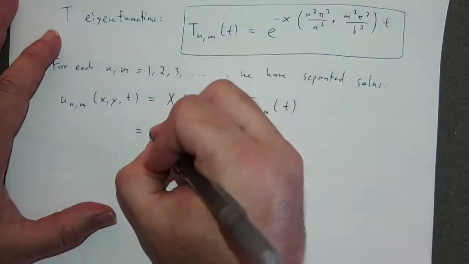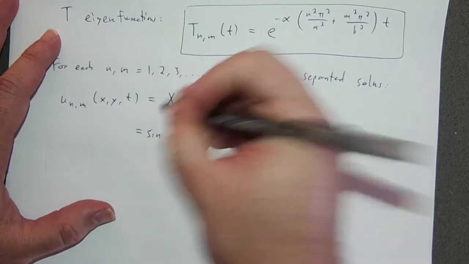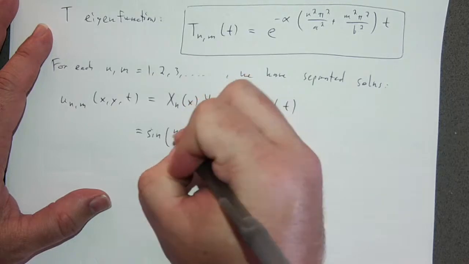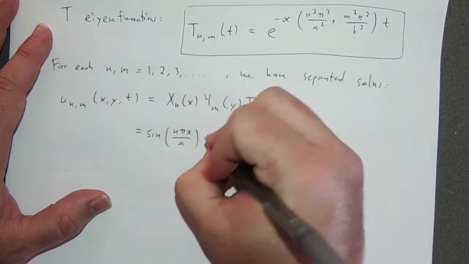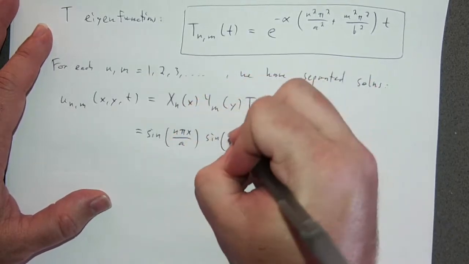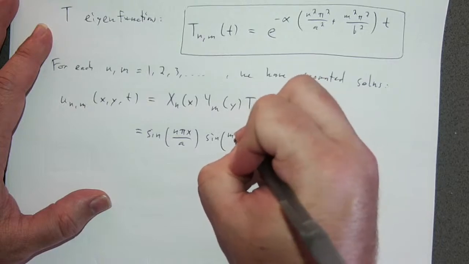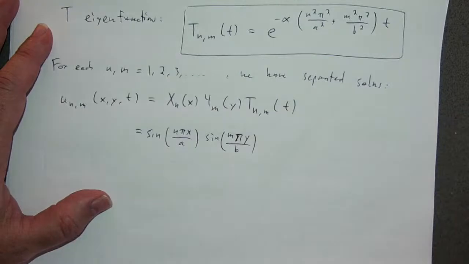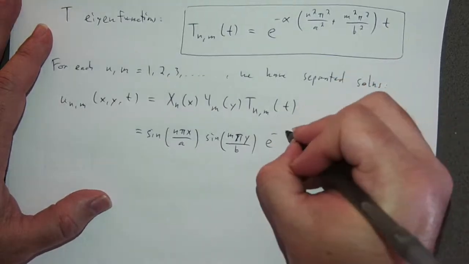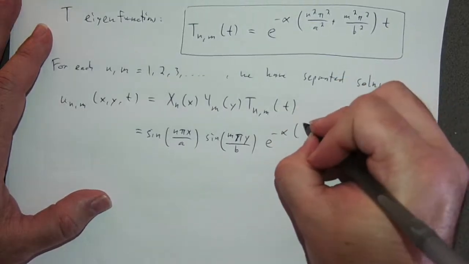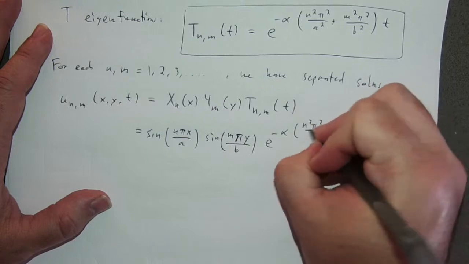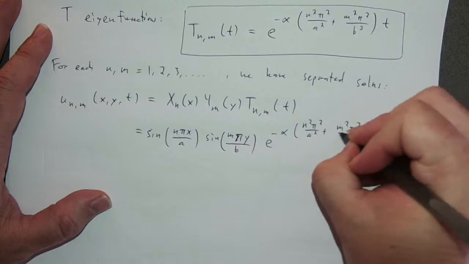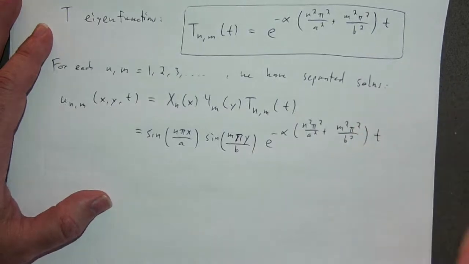So this is sine of n pi x over a, times sine of m pi y over b, times e to the minus alpha times n squared pi squared over a squared plus m squared pi squared over b squared, times t.